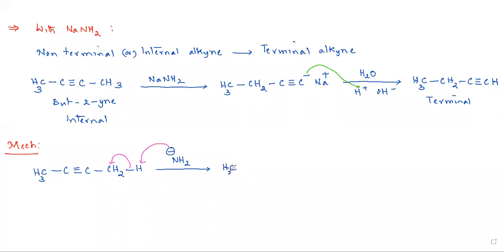Then it will be this CH2 minus, right? Now again, in the next step, because this negative charge and the pi bonds are in conjugation, it can be taken this way. Right?